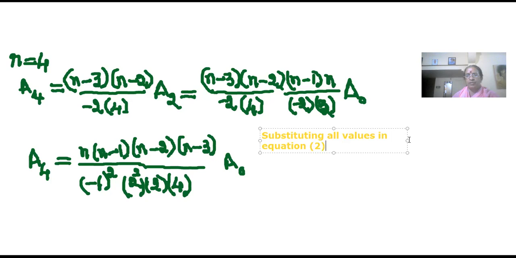Substituting all these in equation number 2, what is equation number 2? Summation, that is the general equation. What is the solution?